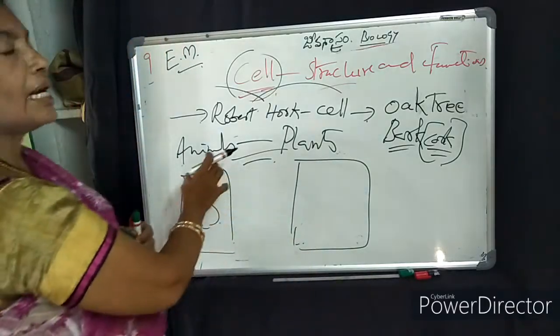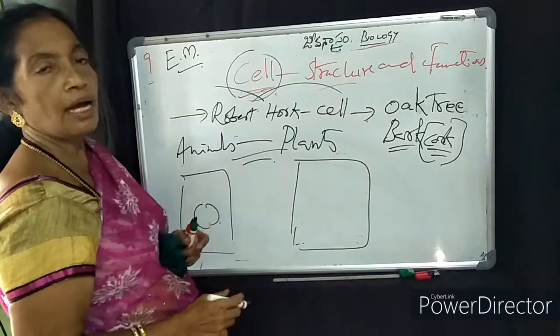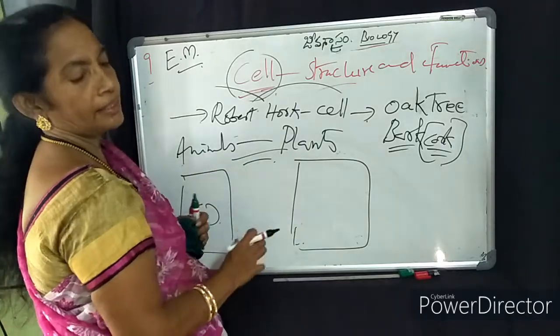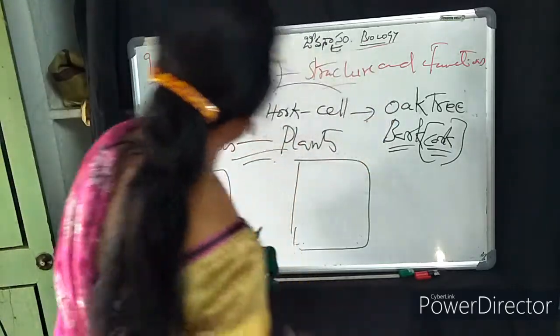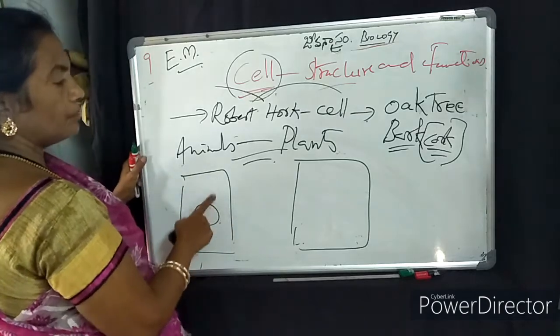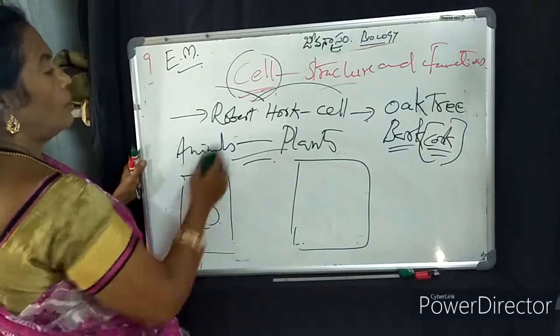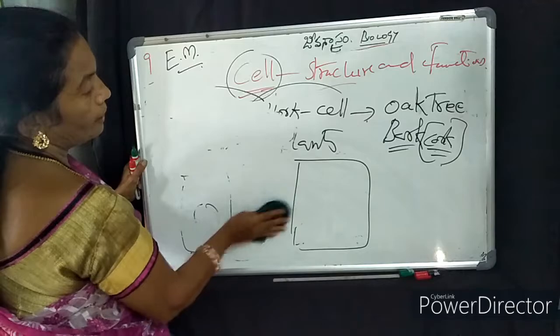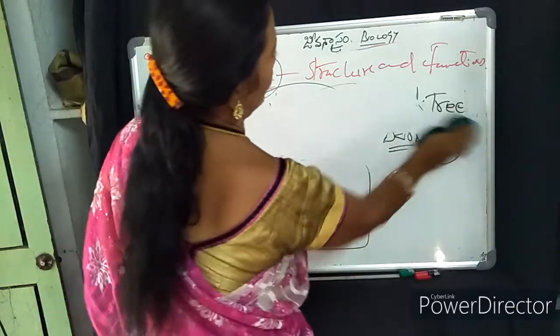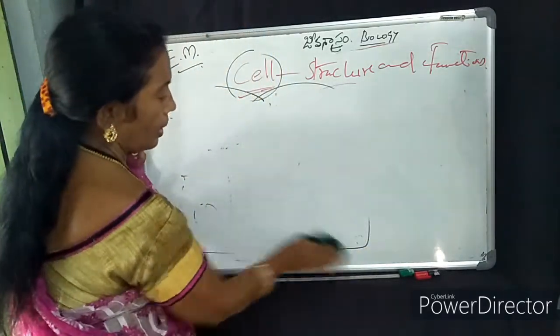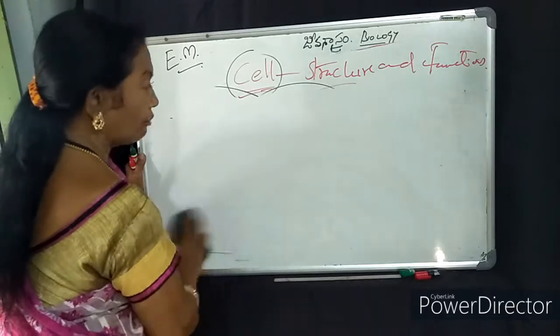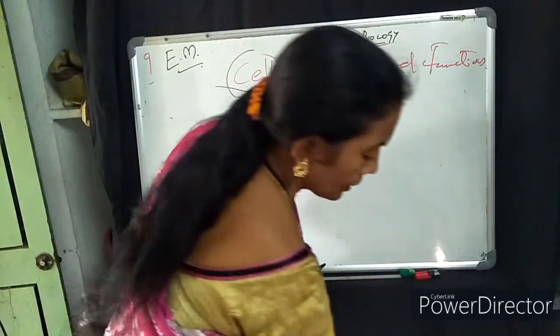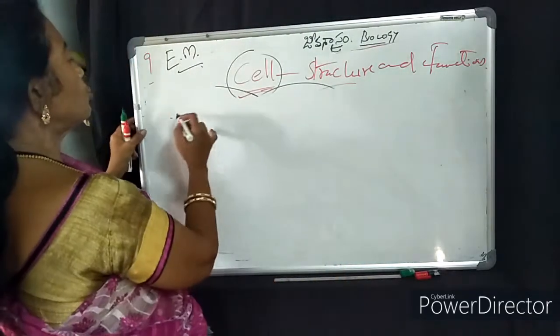So what is the difference between animals and plants? What is the difference between the animal cell and the plant cell? We have to draw a very big cell structure, and we can find what the differences are between these two cells.